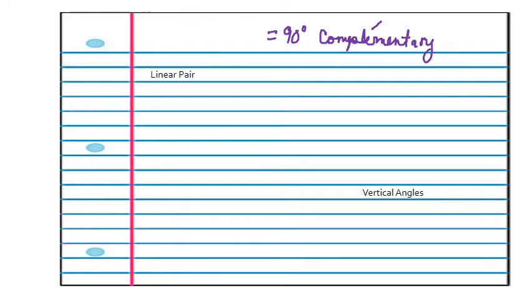Realize I know this sounds like it's an I, but it's an E, and our southern drawl just kind of makes it sound like an I. We can have supplementary angles that when you add them together always equal 180 degrees. We can have a linear pair that when you add them together always equal 180 degrees.